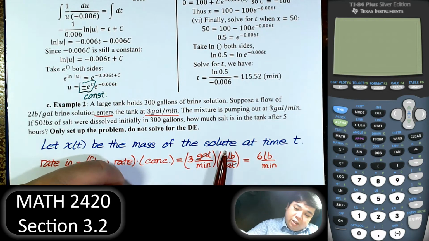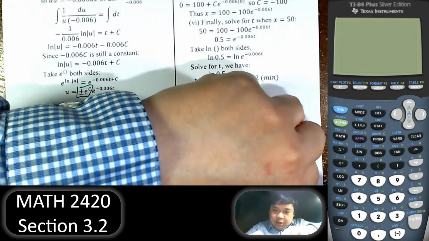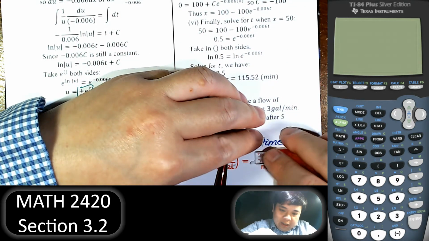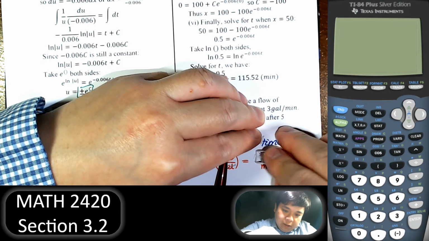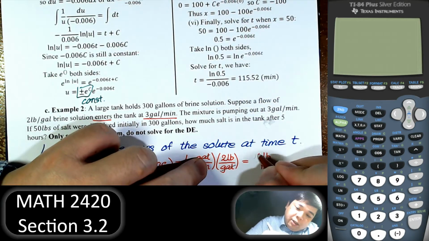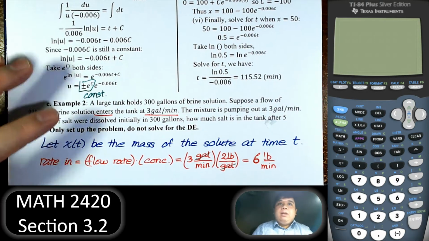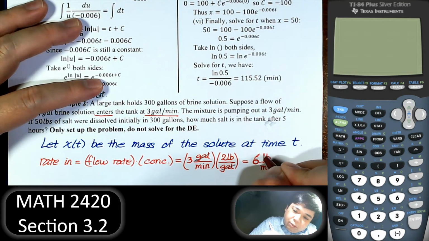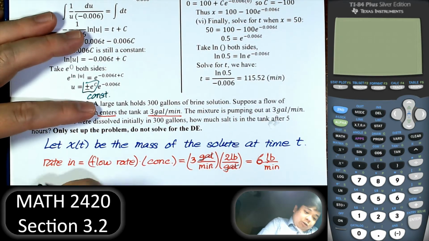Just put a 6. That's 6 pounds per minute. Right, so that is the rate coming in. Now the rate coming out.